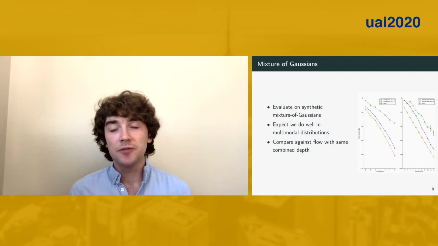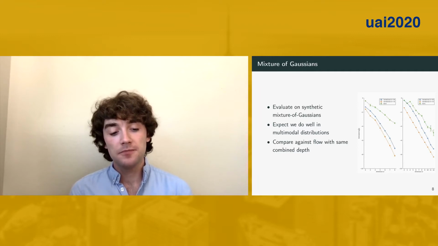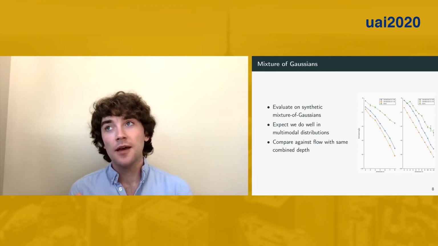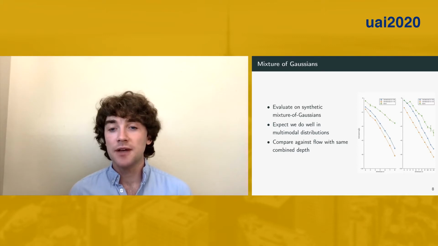Now, we expect that we would do better on multimodal distributions because we think that each region could handle a mode. And this would help the whole approach handle multimodal distributions pretty well, which historically flows have struggled at doing good inference in.